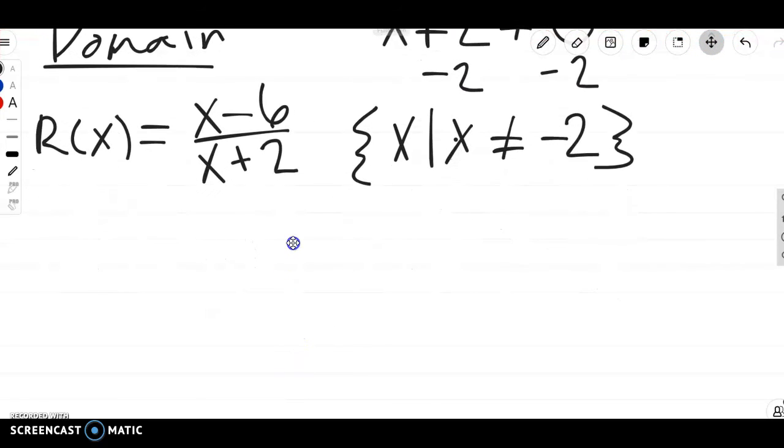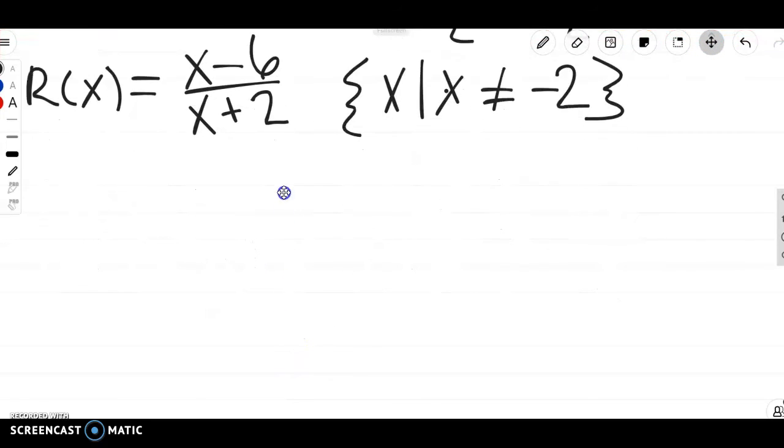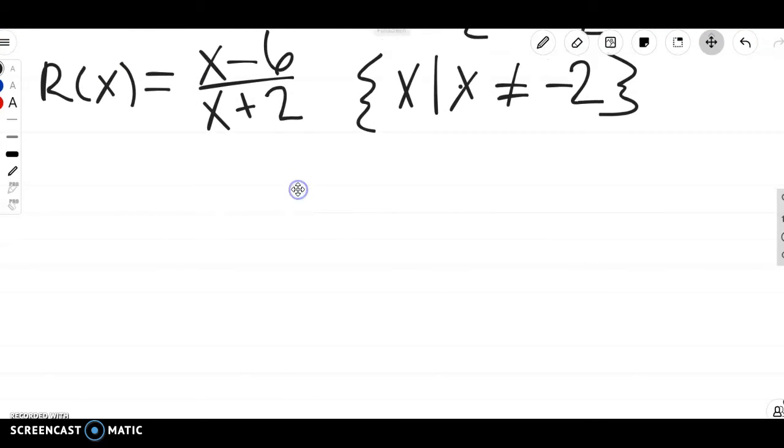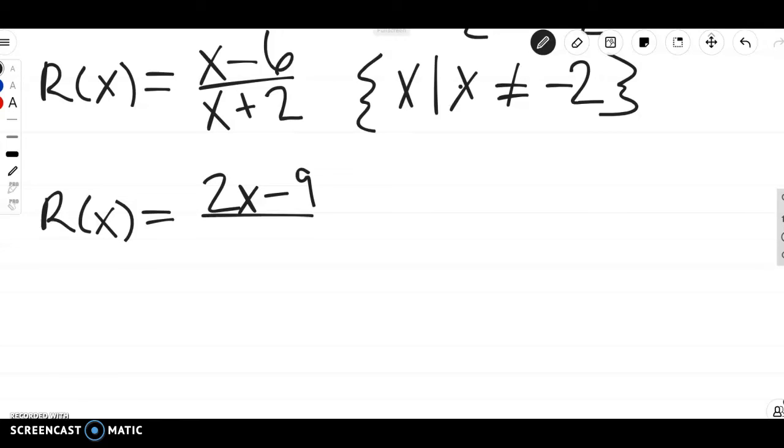Not every problem is going to be that easy though. Some of them might be a little bit more difficult, and we might have to do a little bit more, but probably not a whole lot more. So let's say r of x equals 2x minus 9 divided by x squared plus 5x minus 6.